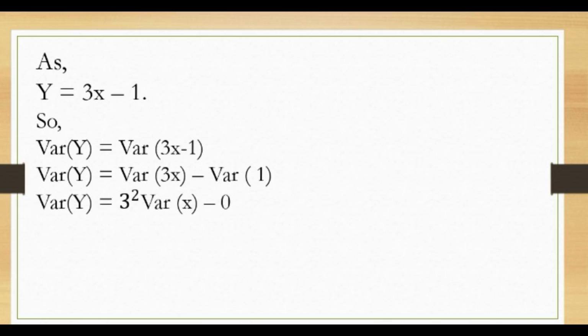Variance of 3x means 3 squared into variance of x. 3 is the constant, or we can say that it is a coefficient. So when variance is applied, it will be 3 squared into variance of x minus variance of a constant, which is 0. So variance of 1 equals 0. So 3 square means 9 and the value of variance of x is 4. So the value of variance of y equals 36.